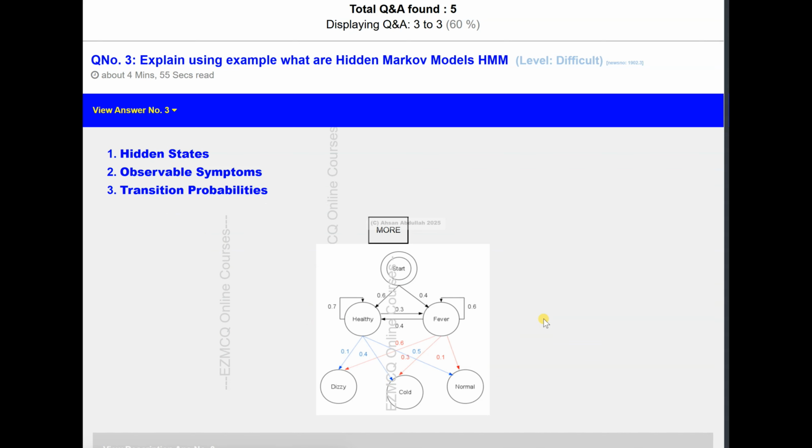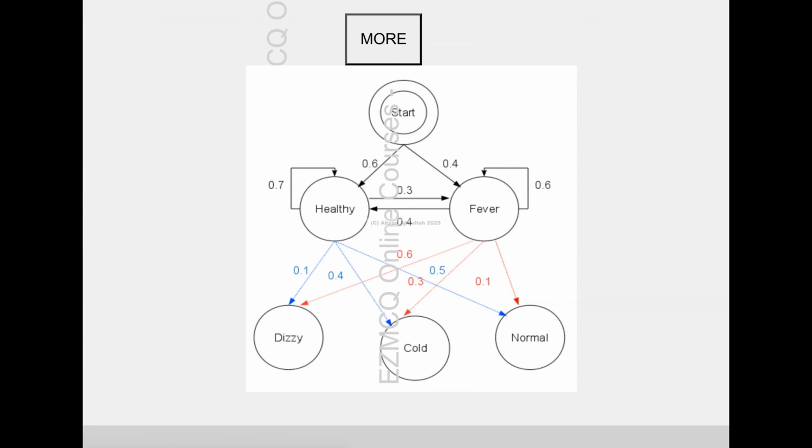So what are hidden Markov models? These are essentially tools for modeling environments with partial observability. You don't know everything, which is a common scenario in real-world deep reinforcement learning. They consist of hidden states, representing the true but unobservable conditions of the system.